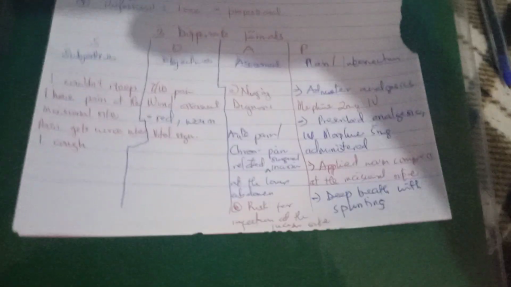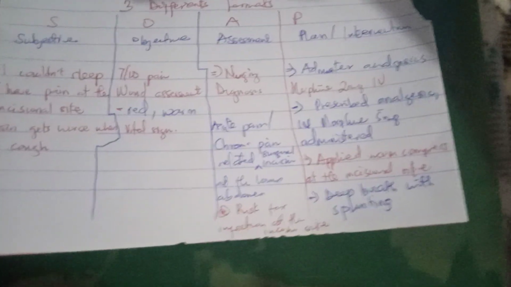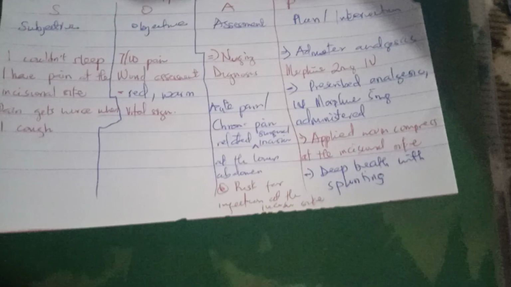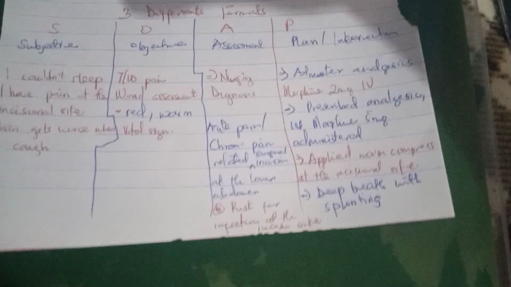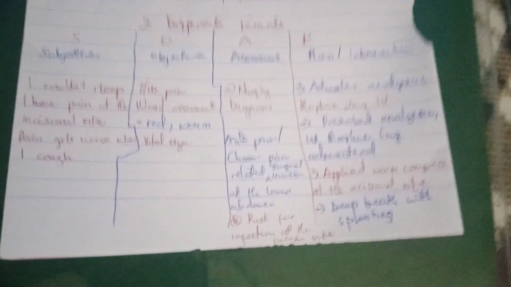Then you move on to a physical examination, palpation, auscultation, percussion, whatever, which are the objective part to get you an objective view of what is happening to the client.